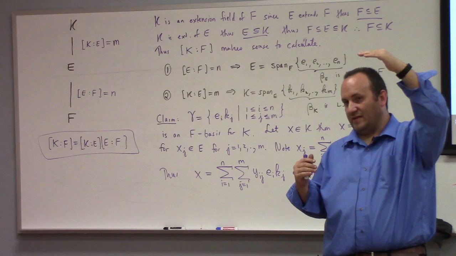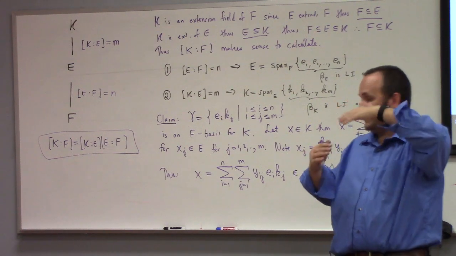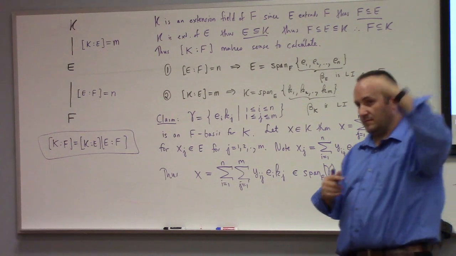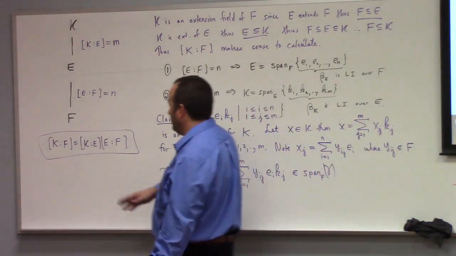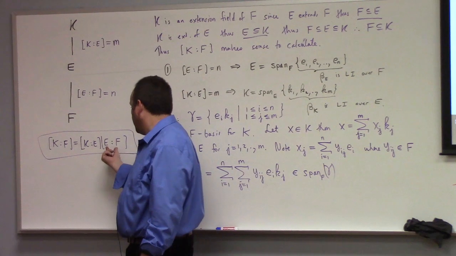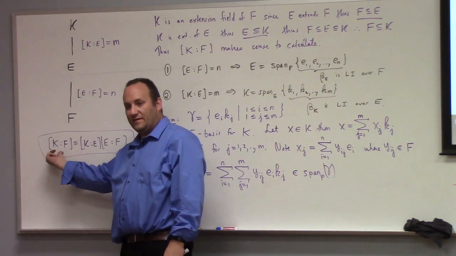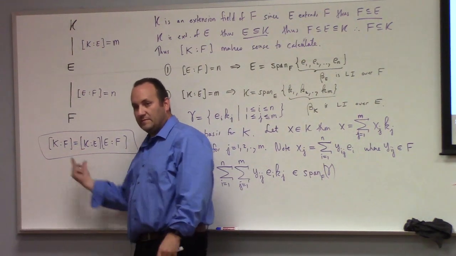See, the degree of an intermediate extension has to divide the degree of the total extension. The degree of E over F must divide the degree of K over F. It's obvious from this boxed formula.